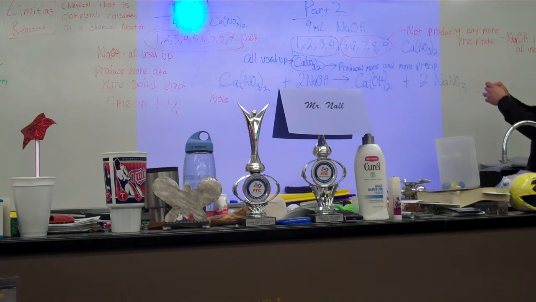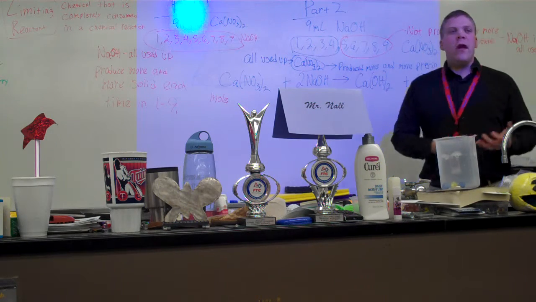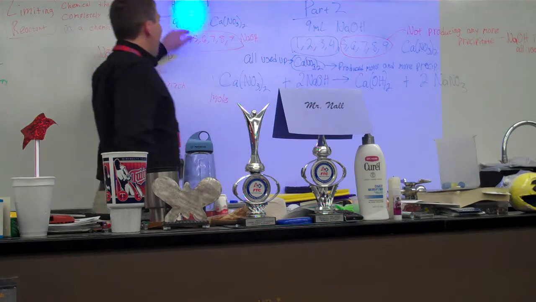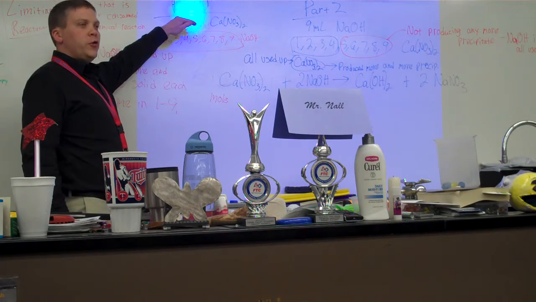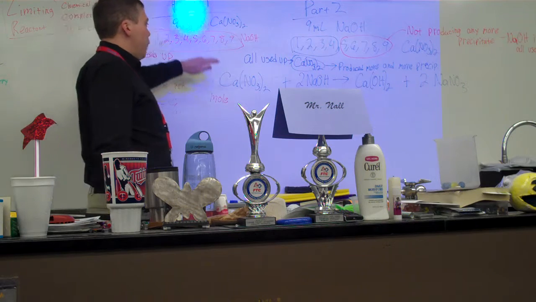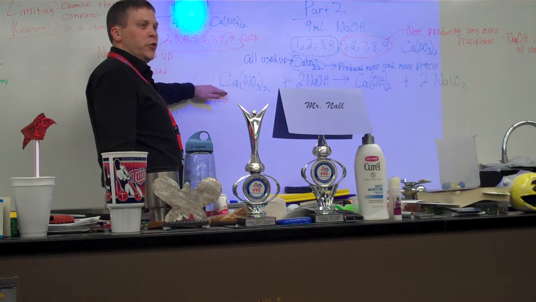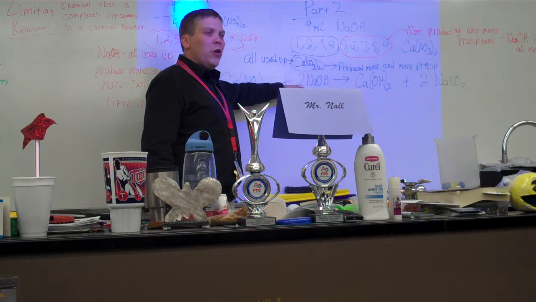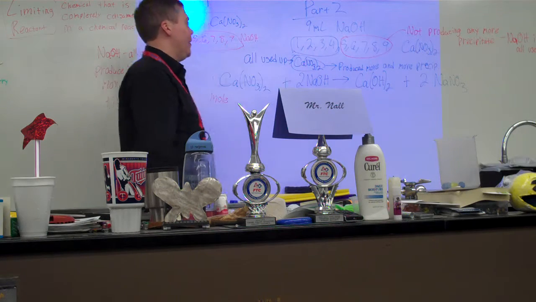Okay? So we can also use that when comparing volumes. Well, in part 1 here, we had 9 milliliters of calcium nitrate, which means that if we had 9 milliliters of calcium nitrate, what's the most amount of sodium hydroxide that we could have reacted to produce the maximum amount of solid? 18. Very good.